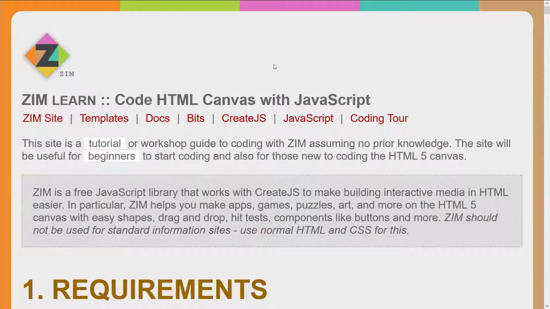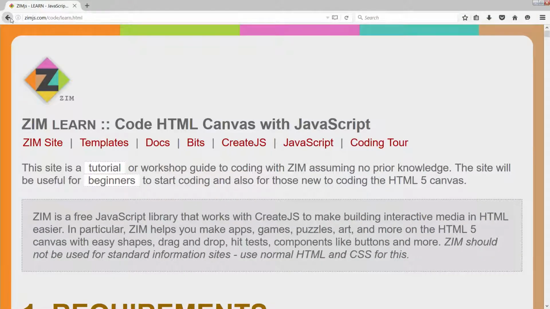We got the things on stage, we dragged them about, we did hit tests, etc. We didn't quite finish the game, but it was amazing, really, that we could even come close to coding a game in 3 hours using JavaScript. If you were using straight JavaScript, there's no way that you'd be able to do that. So now it's almost become like reading English. It's sort of like, hey, zim.drag circle, and you're dragging the circle. So that's pretty cool. So that's the ZIM Learn section.